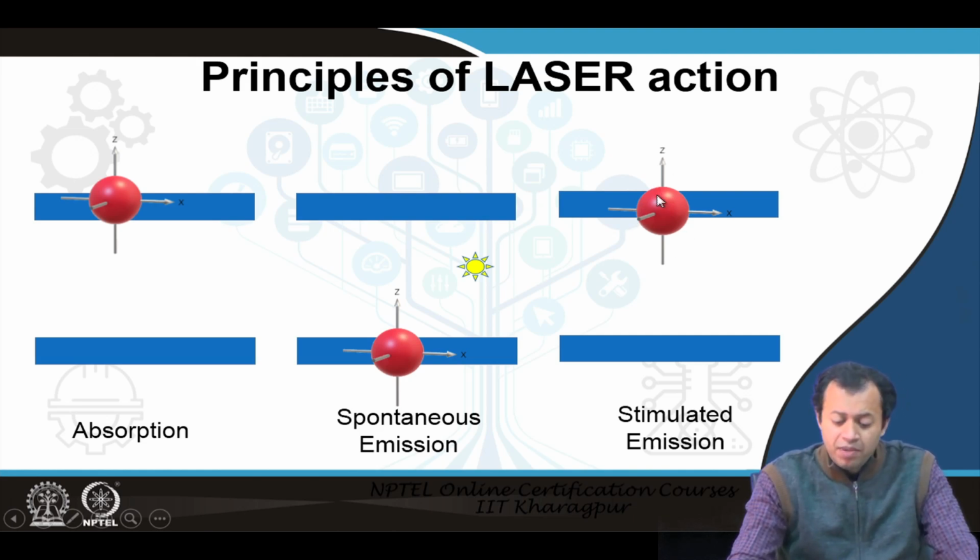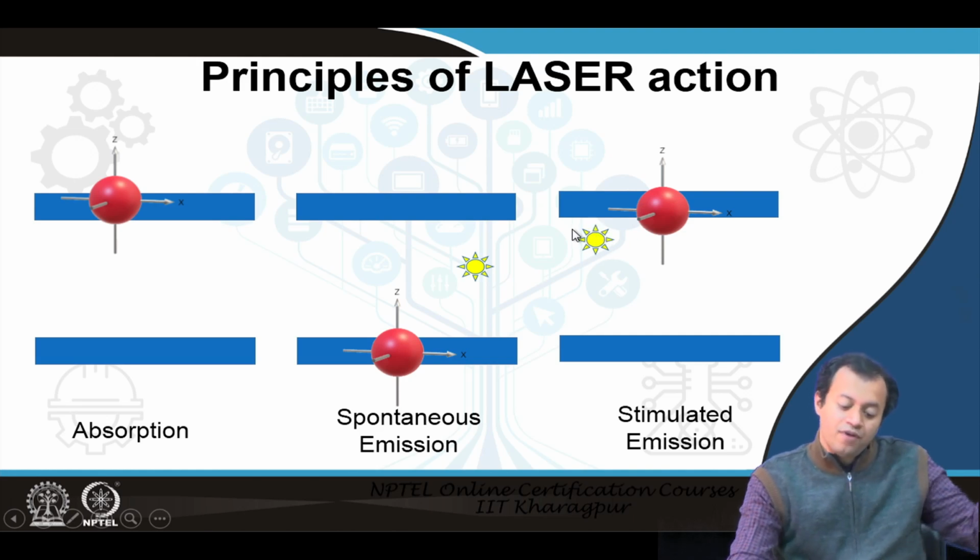While it is in the upper level, you are intervening from outside with a photon of the exact same energy as that of the band gap, the energy gap. You are externally supplying, taking a photon from outside.